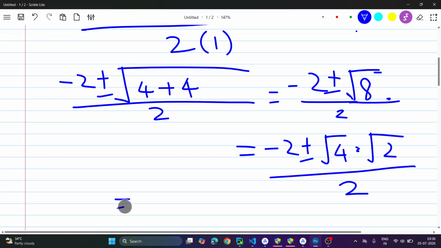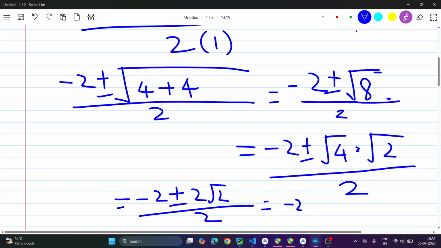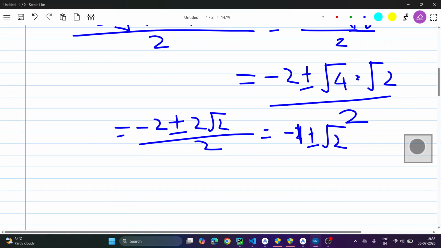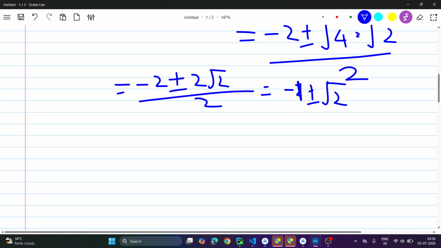This is minus 2 plus or minus 2 root 2 by 2, which equals minus 1 plus or minus root 2. So this is equal to minus 1 minus root 2 and minus 1 plus root 2.